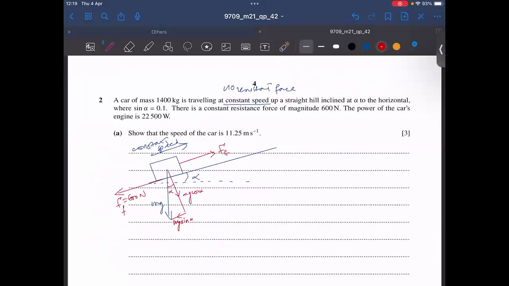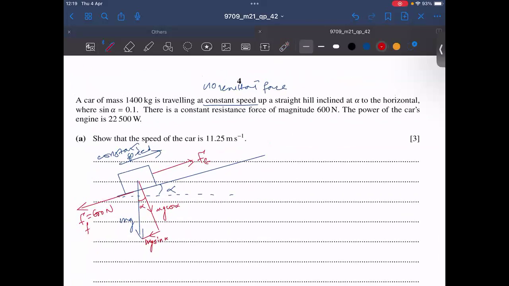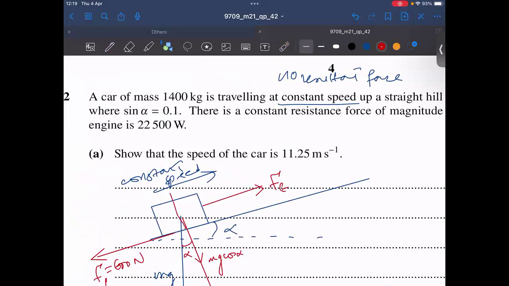Now I'm going to apply Newton's second law. And also, yes, there's a normal reaction force like this. Remember, the normal reaction force is always directed away from the surface and at right angles to the surface.